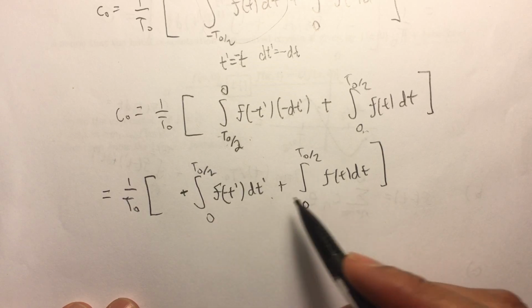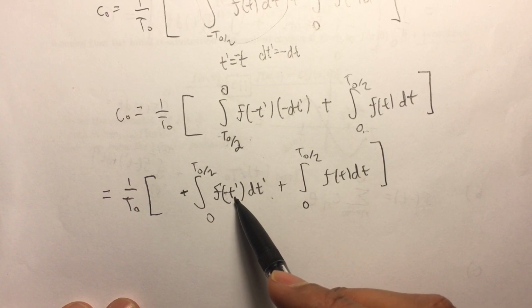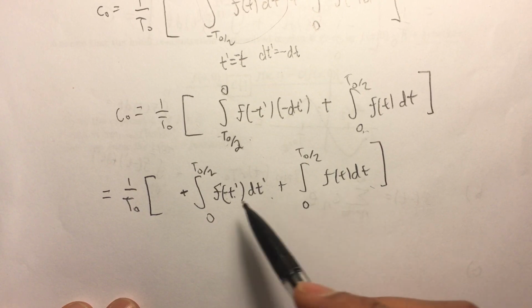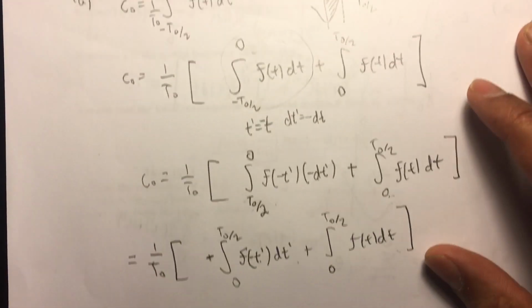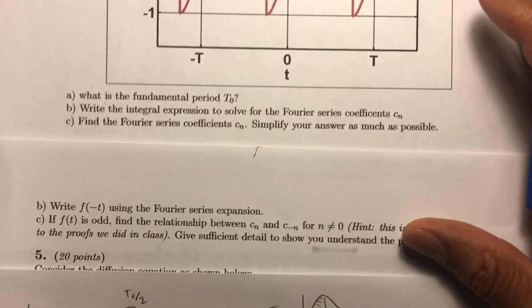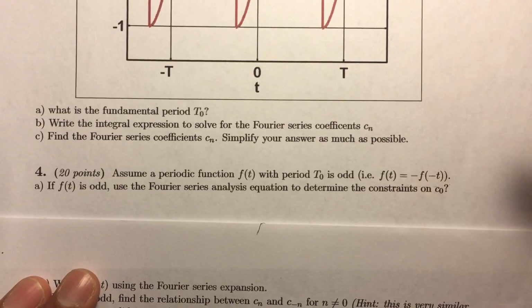Okay, so now noting that, remember the odd function means f of minus t, and t prime are just dummy variables, right? So f of minus t is equal to minus f of t. Where are we? Down here.